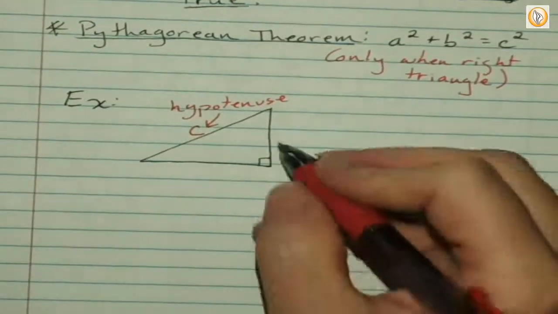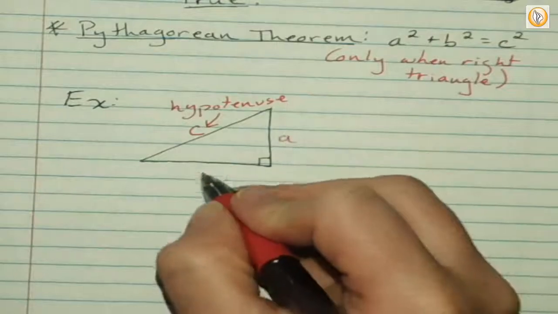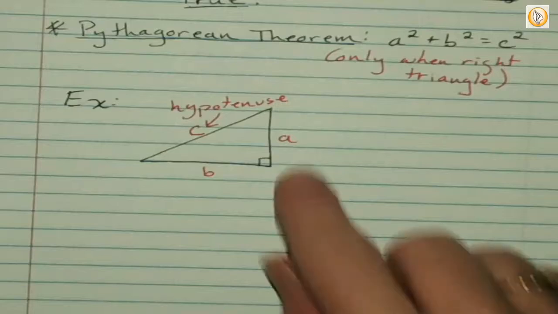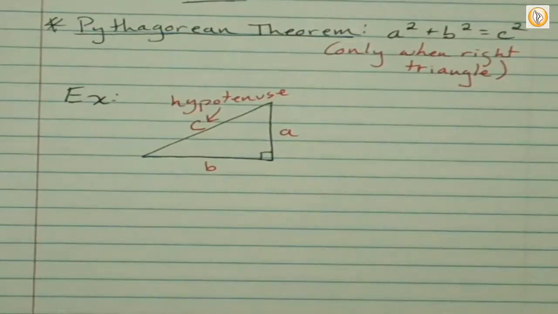Okay, C is the hypotenuse. A and B are your sides. Now, normally they sometimes will make that the shortest side, but there's no real rule for that. So A and B are just the other sides of the triangle. A and B are the legs.